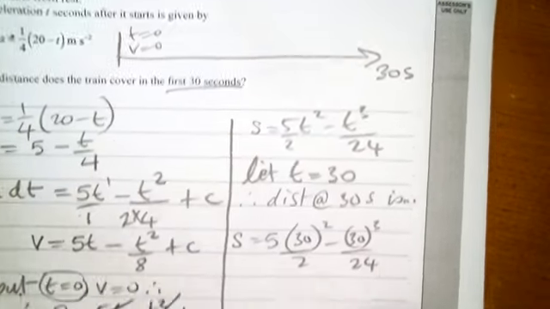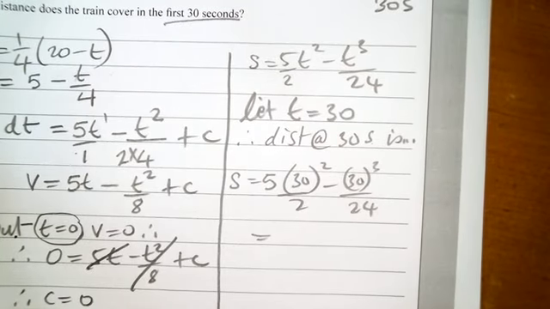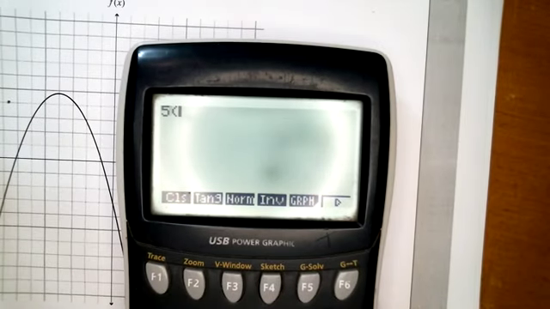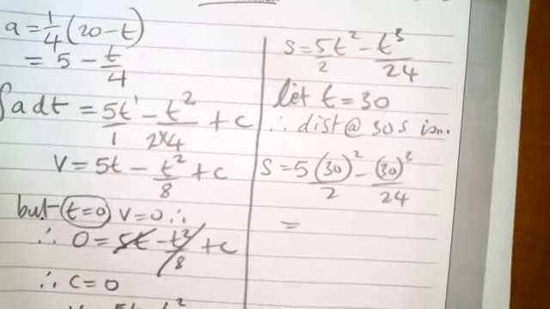I'm just going to plonk all of that straight into the calculator and see where we land. Here we go. 5 times 30 squared divided by 2 minus 30 cubed divided by 24, and we get 1125.